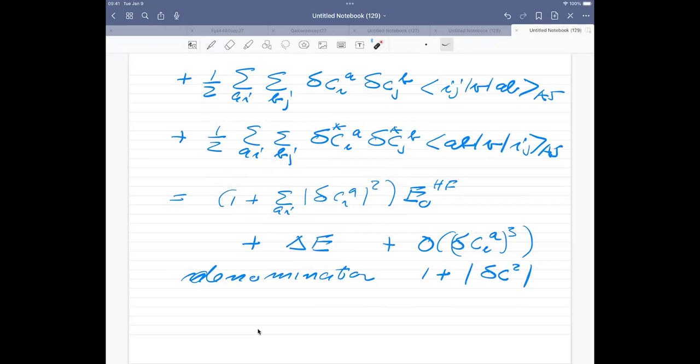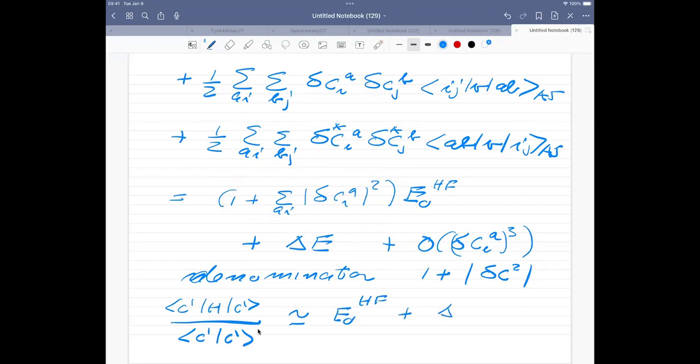And that means that this expectation value, which we are looking at, this C prime of H, of C prime, divided by C of C here, this is something which we now can rewrite. And this is now we are approximating this to only include delta C squared. This becomes simply E0 Hartree-Fock, plus these terms which we have laboriously calculated, delta E divided by 1 plus this summation over AI, and then have a delta CIA squared.